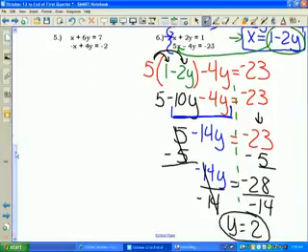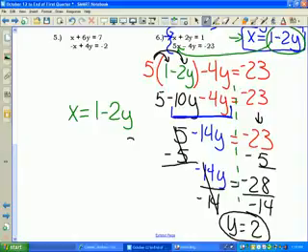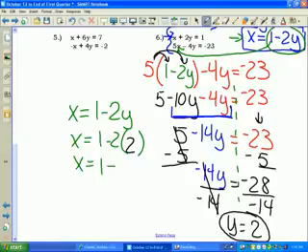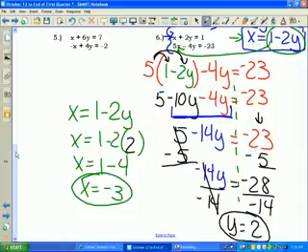So if I do use that one, I'll have x equals 1 minus 2y. But instead of a 2y, I'm actually going to put a 2 for my y value. So now I have x equals 1 minus 4, which x equals a negative 3.